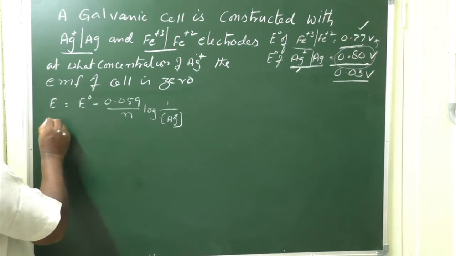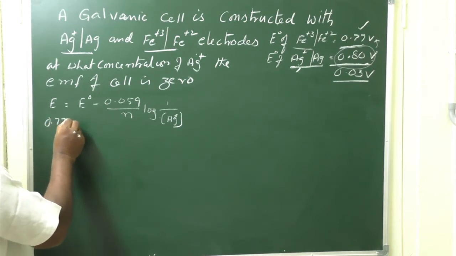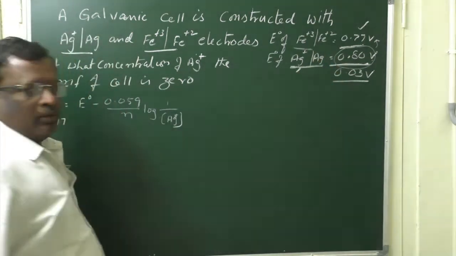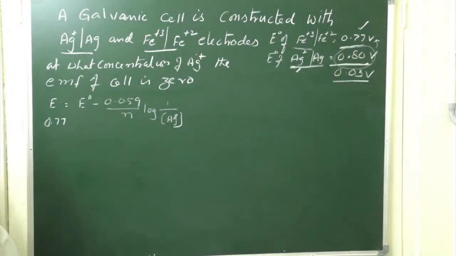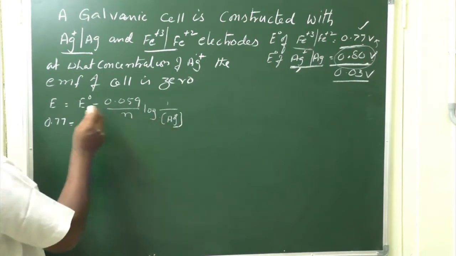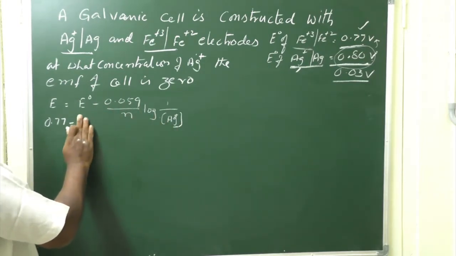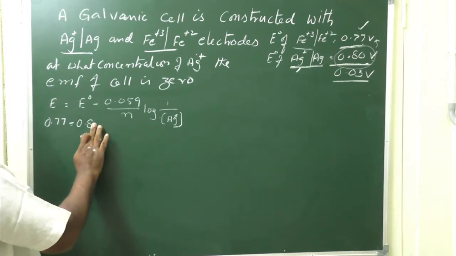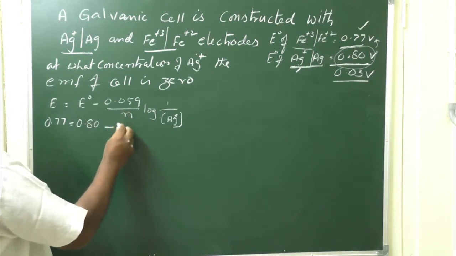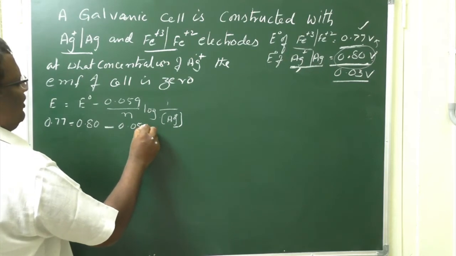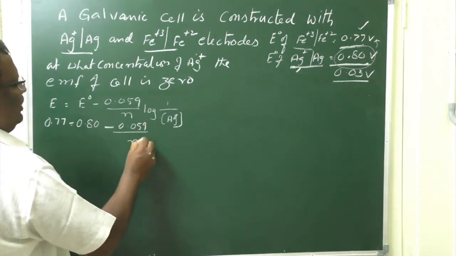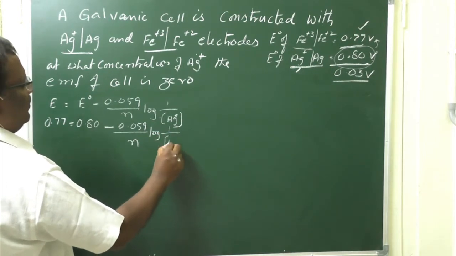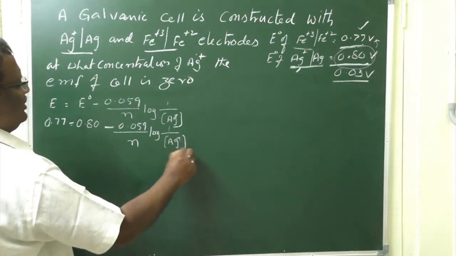Now the required potential is 0.77, because if it is 0.77, then only the cell potential will become 0. To make it, we have to change the concentration of Ag plus ions. So now the standard electrode potential of silver is 0.80 volts minus 0.059 by n log 1 by the concentration of Ag plus ions.